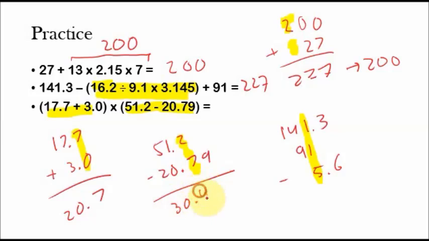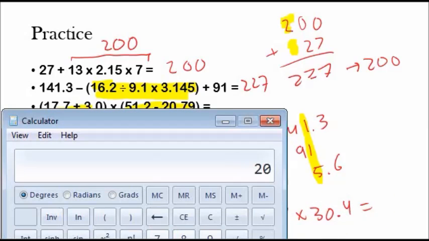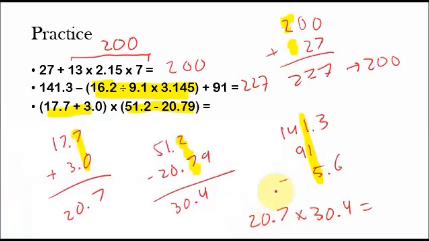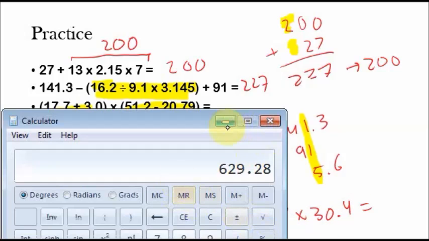And then from here we can multiply, so we have 20.7 times 30.4. And then since this number has three significant digits and this number has 3, our answer is going to have just 3 significant digits, so 629.